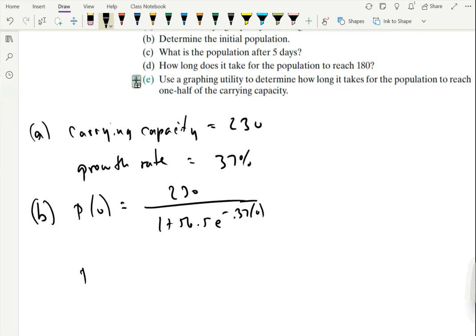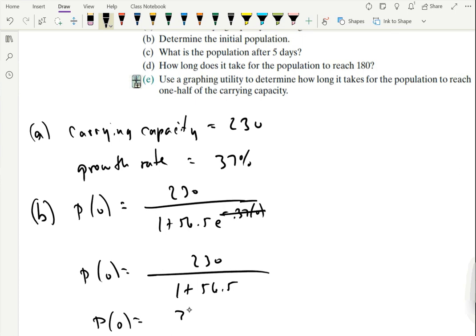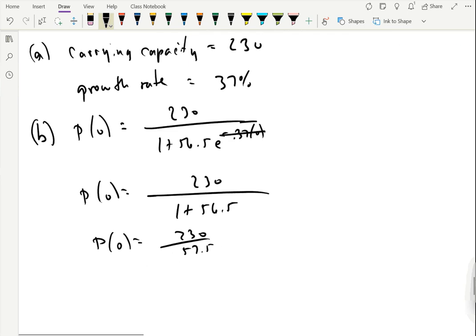So we've got 230 over 1 plus, and negative 0.37 times 0 is all going to go to 0. e to the 0 is going to be 1. So we've got 1 plus 56.5. That's going to end up being 230 divided by 57.5.